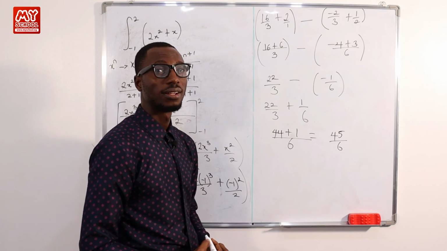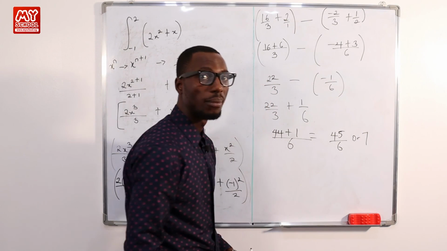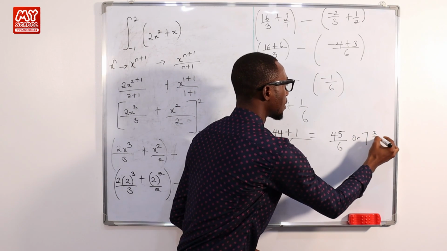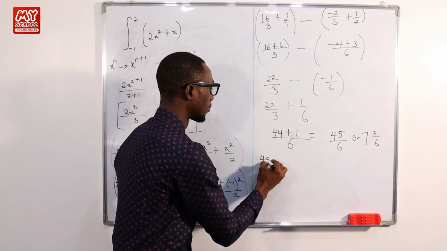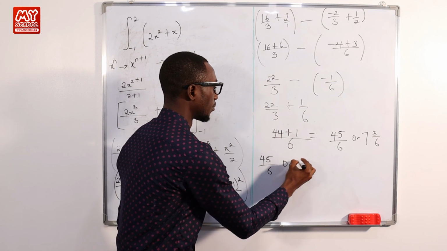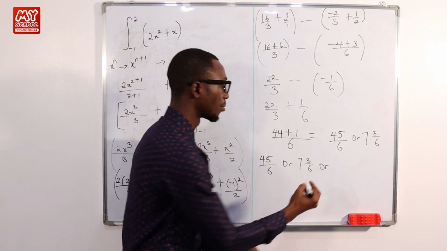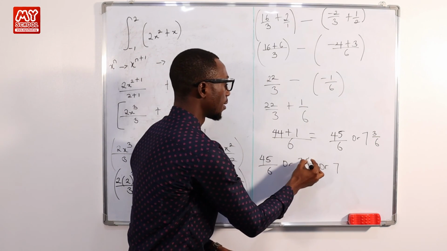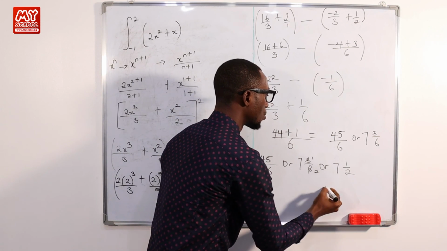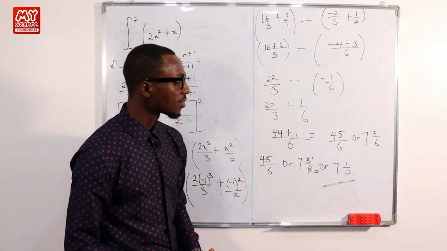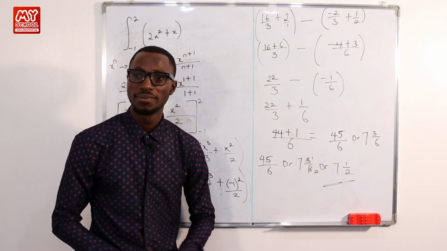Or we can break our answer further to 7 whole number 3 over 6. Or we can still break it further to 7 whole number 1 over 2. So with the answers we have on the board, let's go through our options and see which one fits.